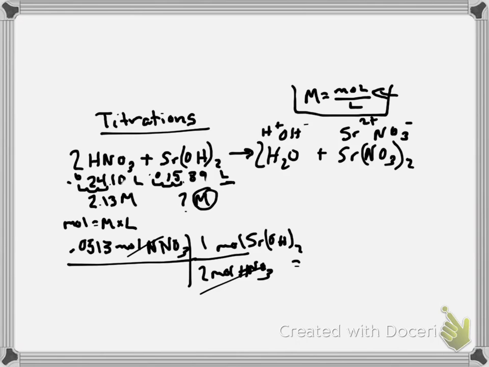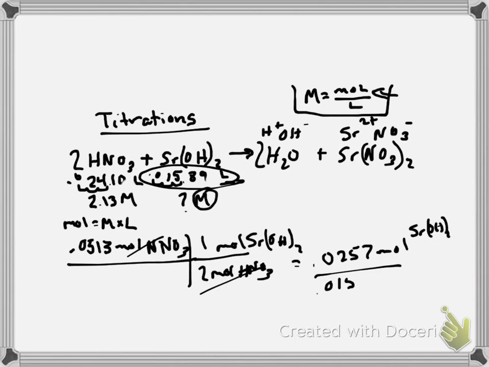So that's going to give me 0.0259 moles of strontium hydroxide. Then to get the molarity, I just need to divide by my liters, which was given in the problem, or that I collected as I was doing the titration, 0.01589 liters. And so the molarity here is going to be 1.63 molar strontium hydroxide.